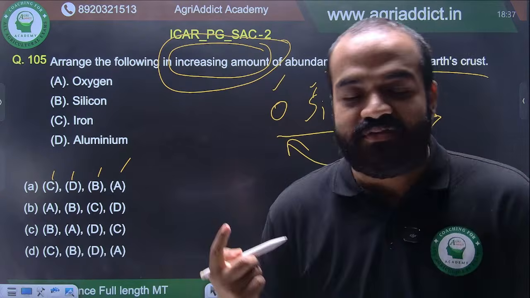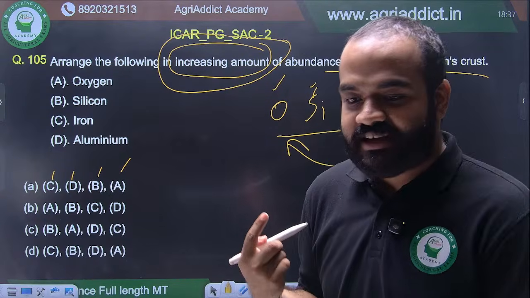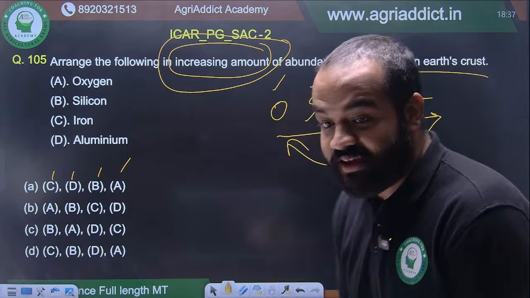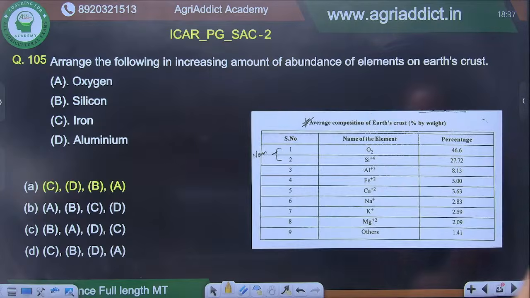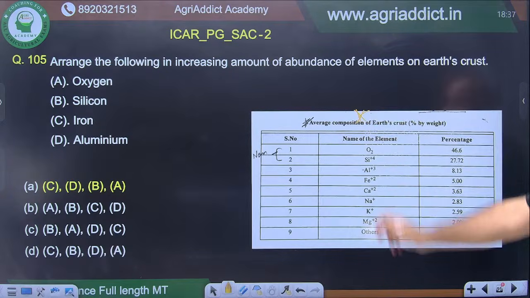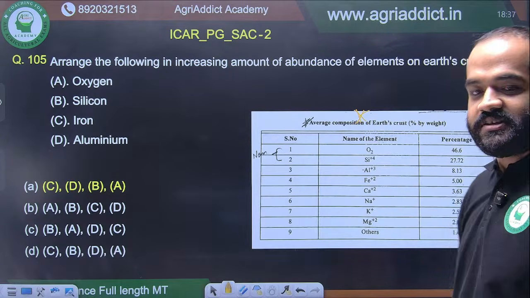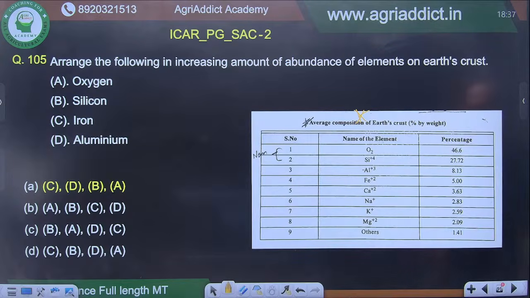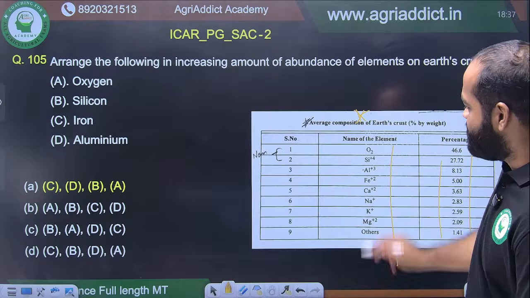Be very careful with these wordings. Such a question will definitely come, and be very careful with the wordings. Again, I have taken this table for you. This table is there in old ISSS, new ISSS, treatise, everywhere. Read from wherever you like. Remember these percentages also. Remember the elements also.